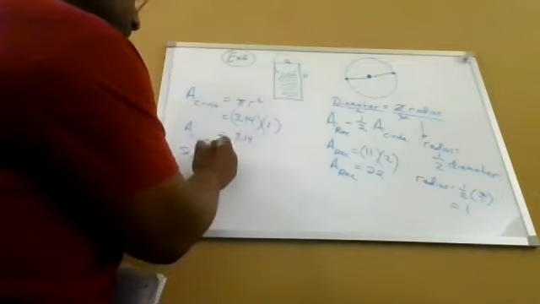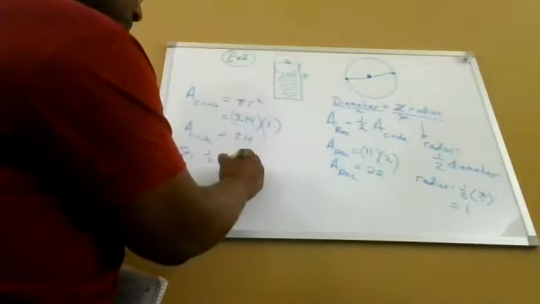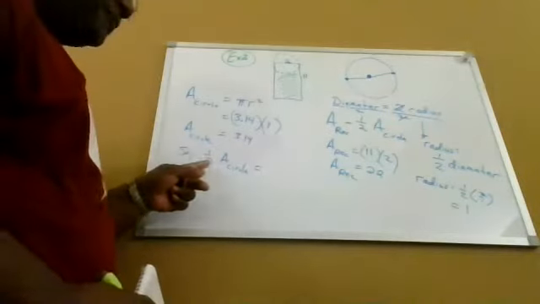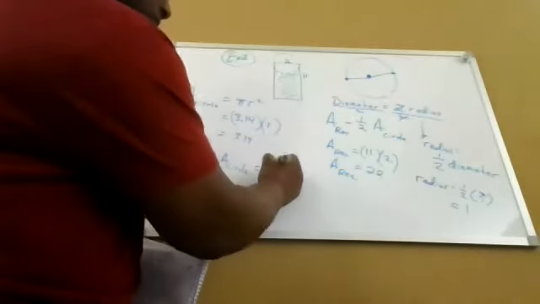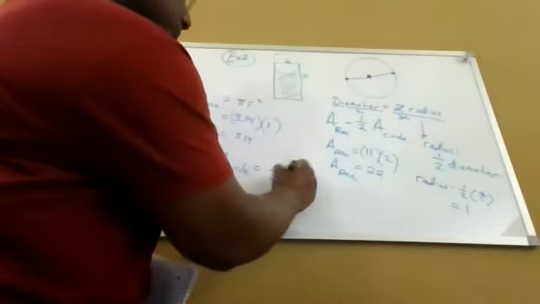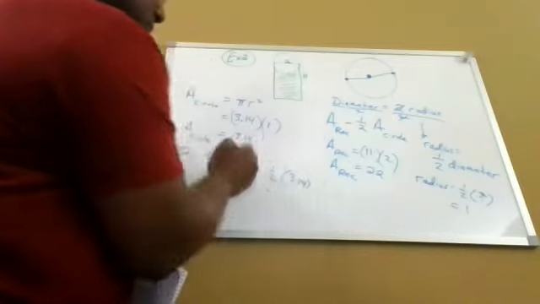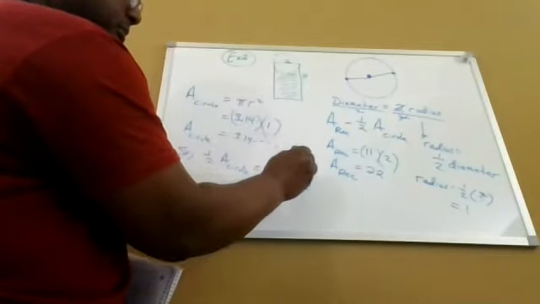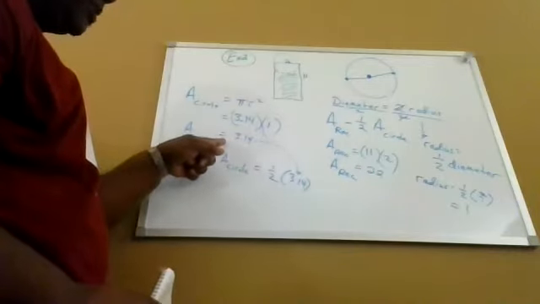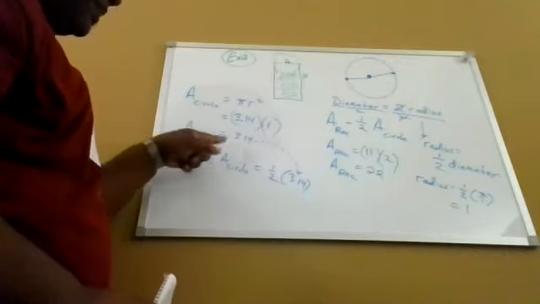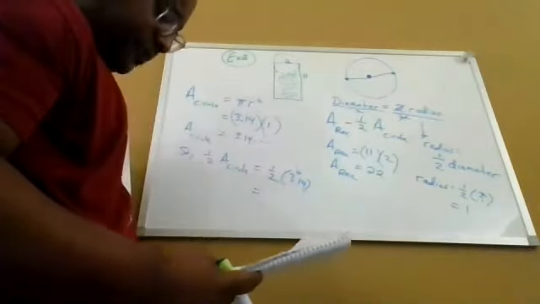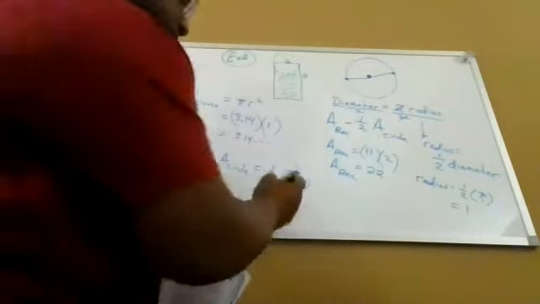So half of my area of my circle equals 1/2 times 3.14. That's where the 3.14 came from. And I calculated my area of my circle. Now I need just half of this value, 3.14. So 1/2 times 3.14 will give me 1.57.